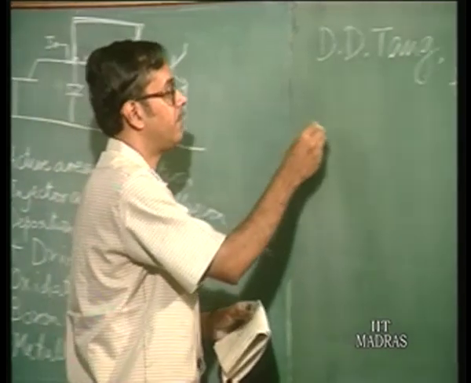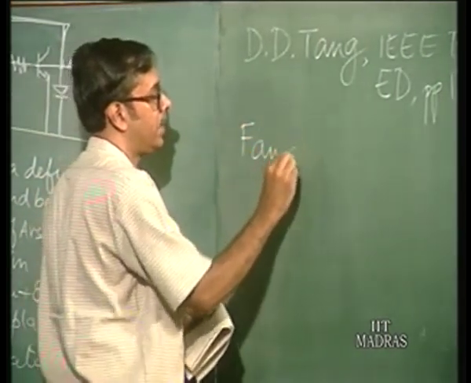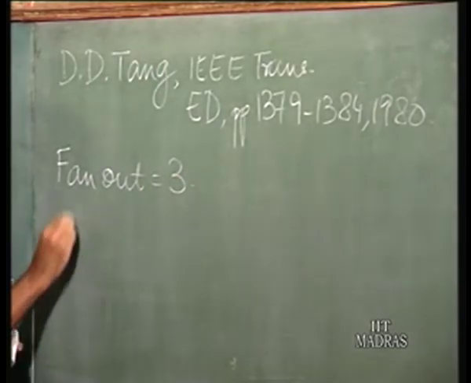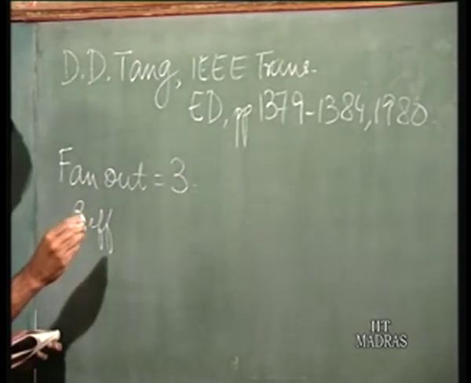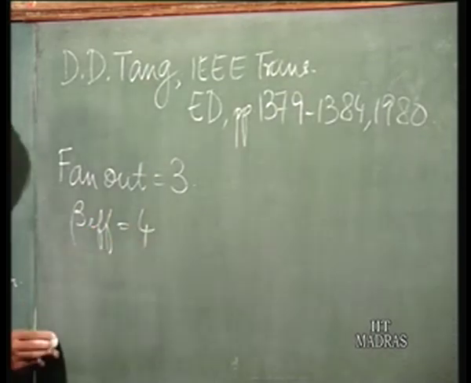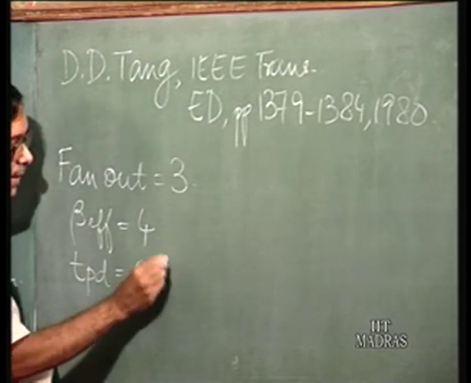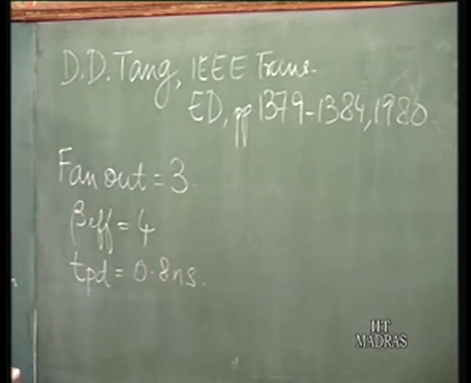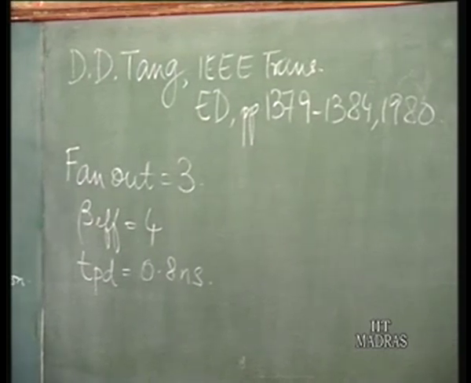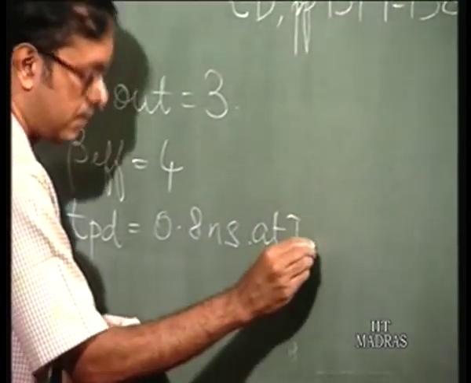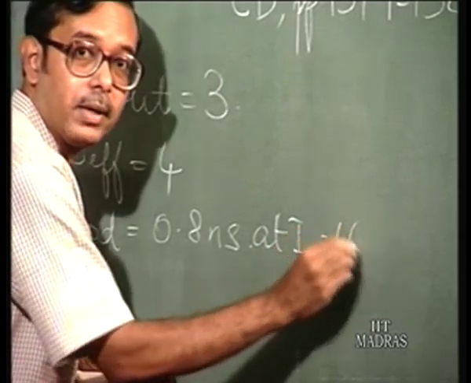And the results which they came out with were for a fan out of 3 for this particular structure, that is for 3 collectors. They had a beta effective equal to 4, and interestingly the propagation delay of 0.8 nanoseconds at a collector current of I naught equal to 100 microampere.